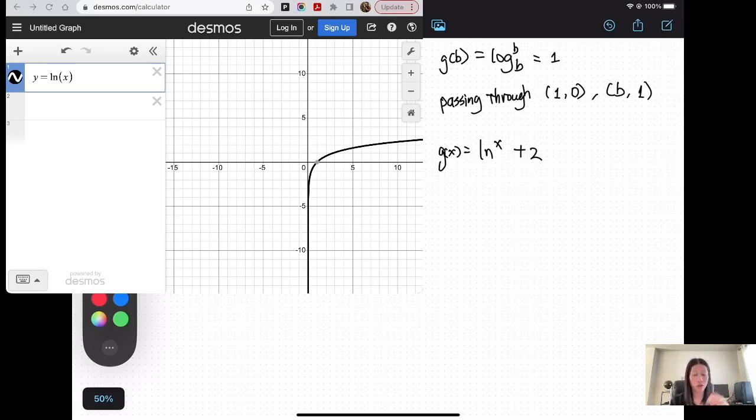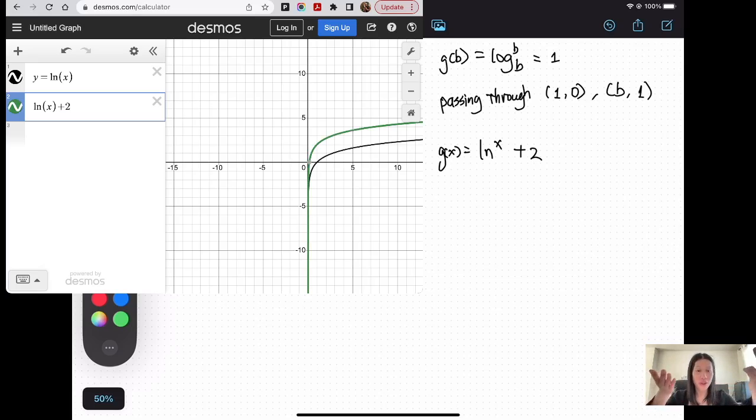If you add 2 to the whole function, the function has a vertical transformation, either up or down. Since you add 2, it goes up. Let's check this out at 2. Look, the green line is 2 units up from the black line.